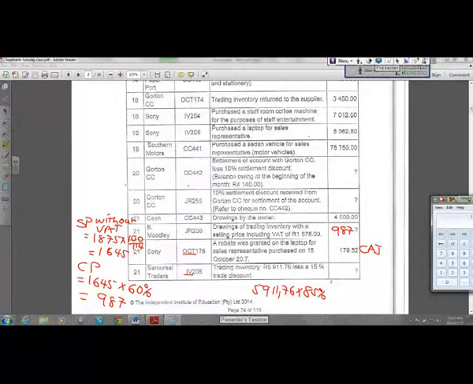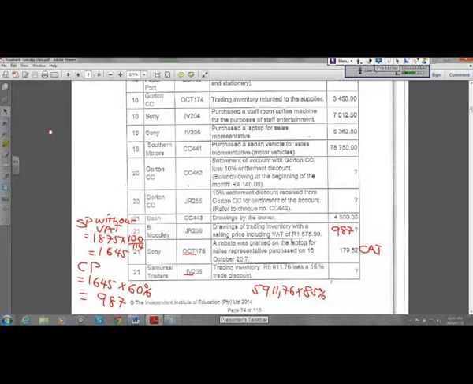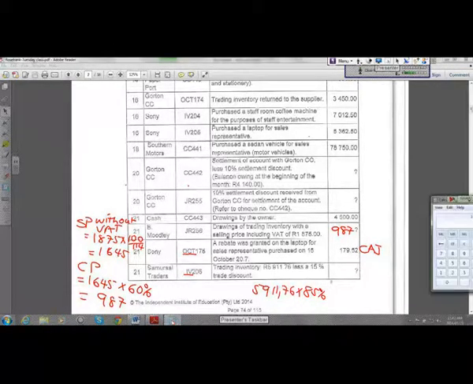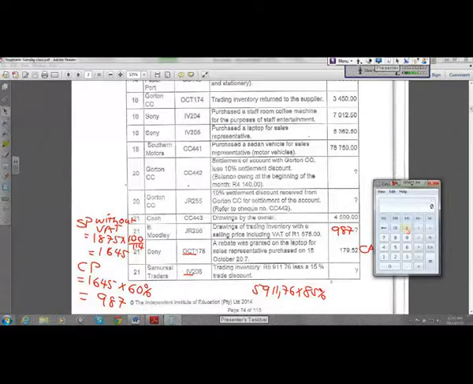So we can calculate that. So that's fine. So we can just go to our calculator quickly. So here we go. So you can bring it up here. So we can cancel that and say 5911.76 times 85%.